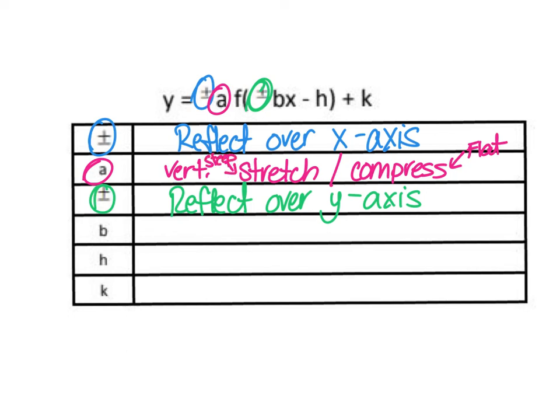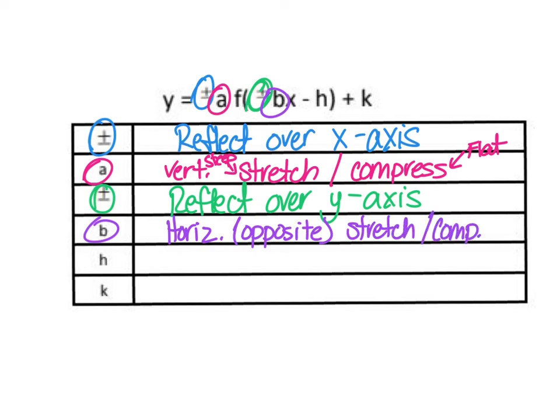Okay. Now, last but not least, the b, which is this one here, inside the parentheses. So this one is the trickiest one of them all. So this is horizontal, and it's always opposite of what you think. But it's still a stretch or a compression.